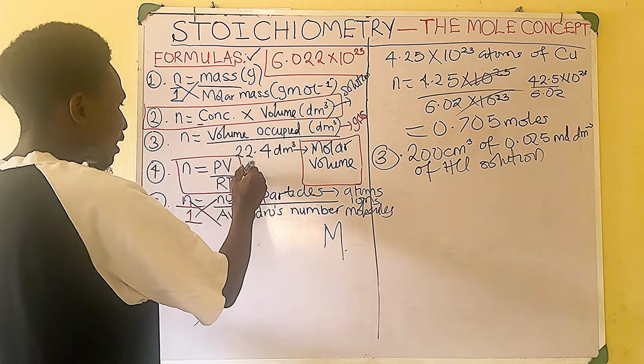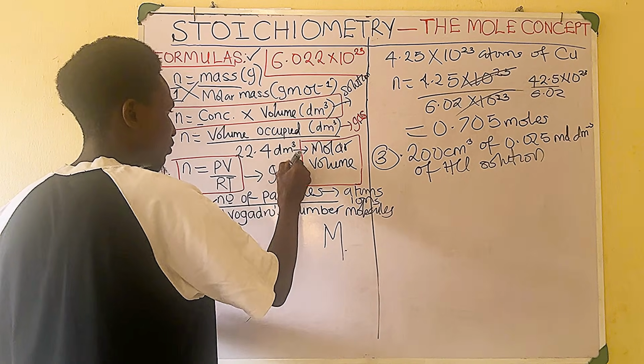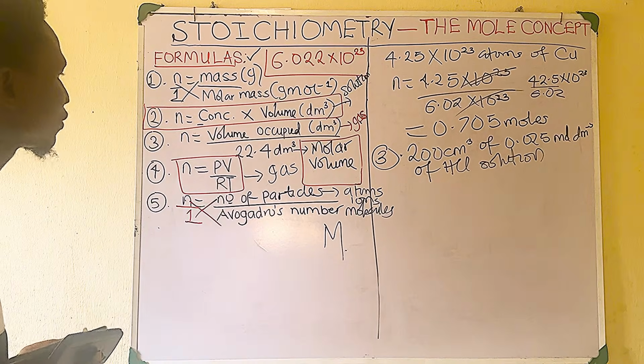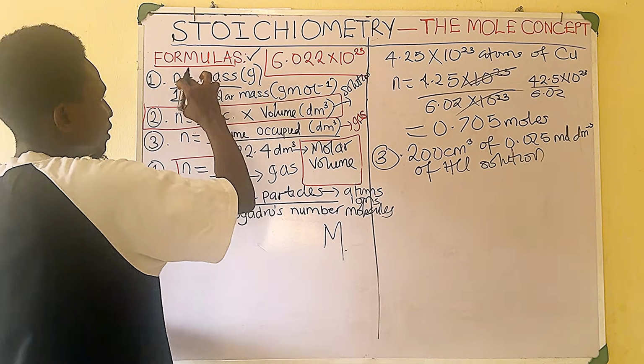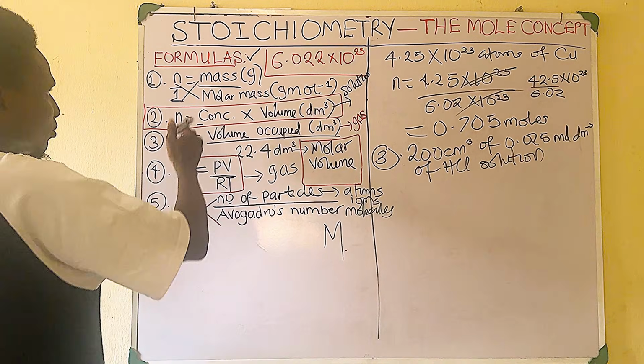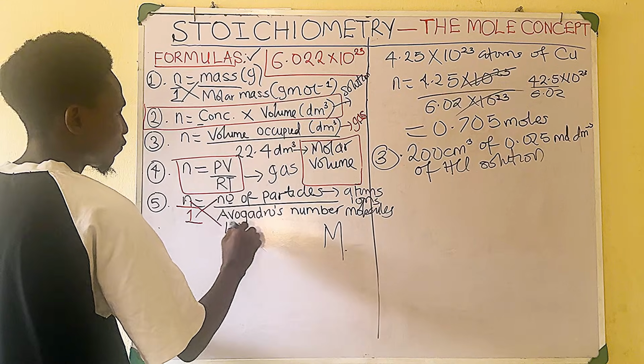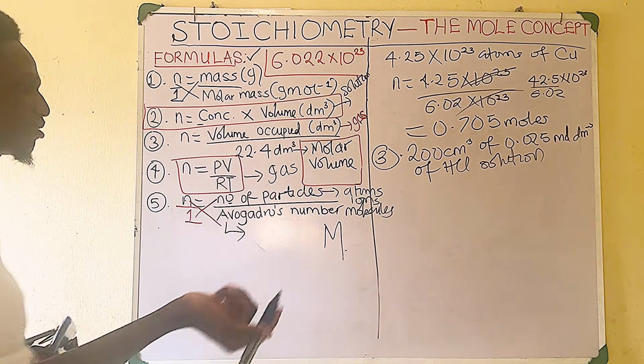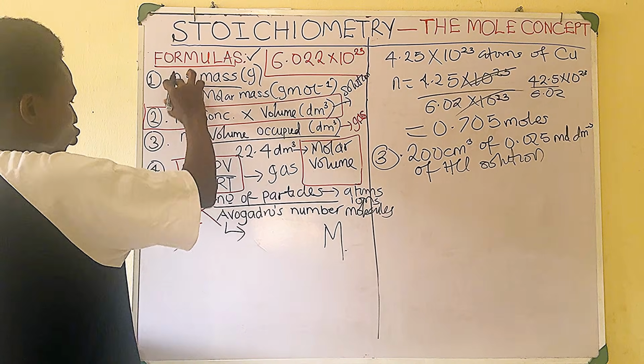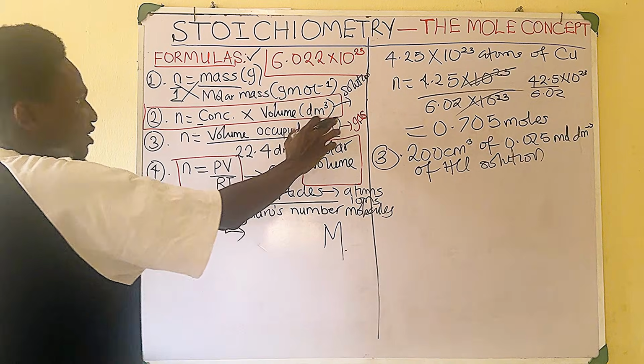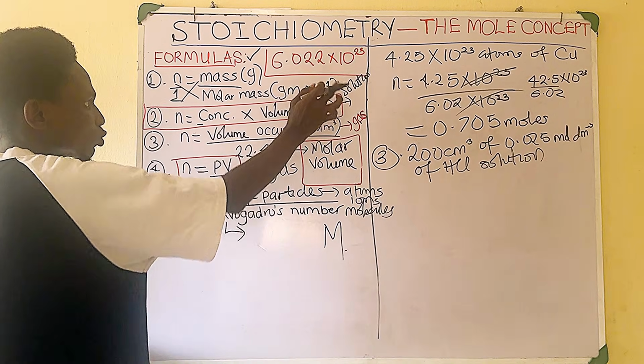The ideal gas equation is also for gases. This one can relate almost everything, and this one for particles can also relate all of them. So these two can relate all of them, but this one is specifically for gases and solutions.